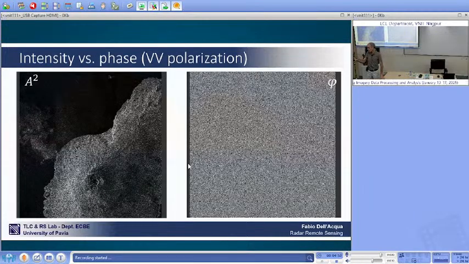Whereas optical remote sensing is particularly sensitive to the chemical composition of the object, radar remote sensing is particularly sensitive to the shape of the object. I think I already mentioned this at the very beginning.